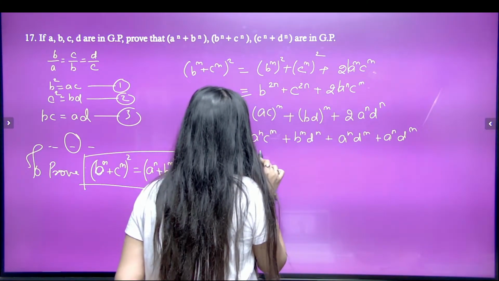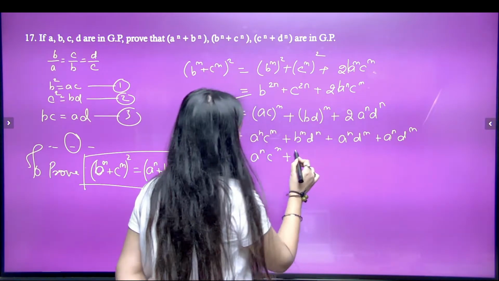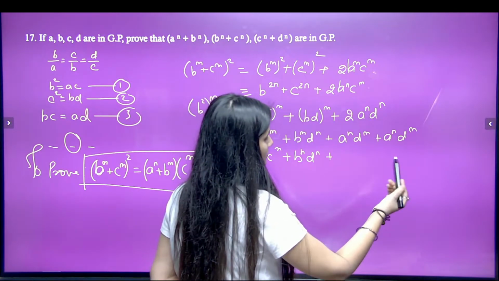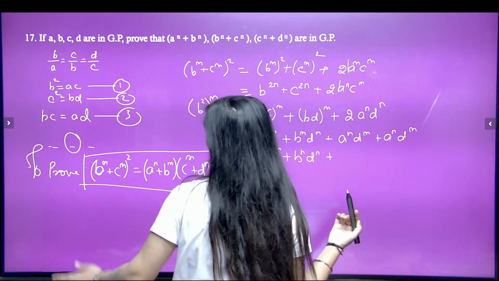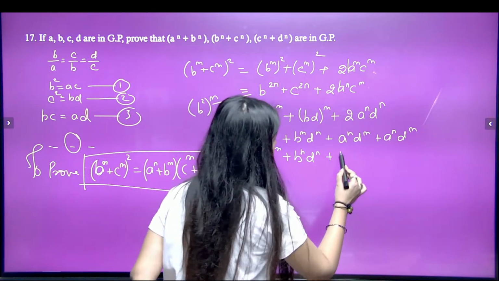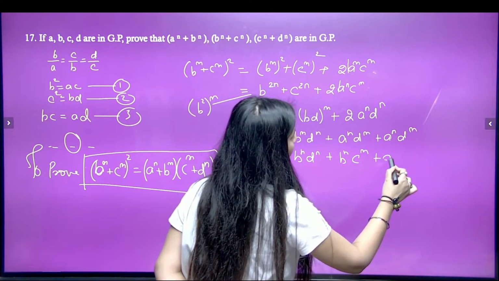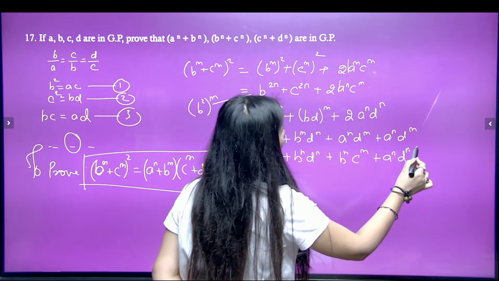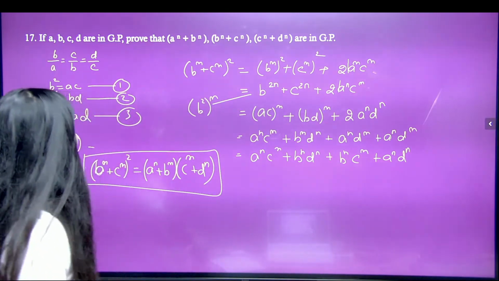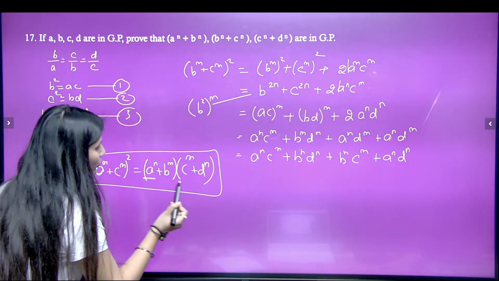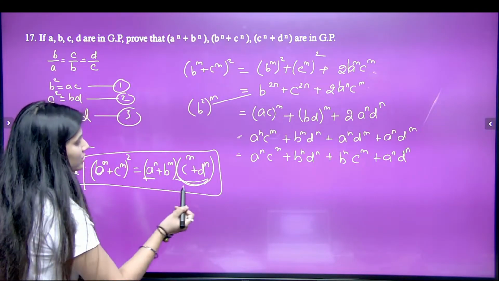Okay, so we have two things, same thing two times. So one can be changed into bc, so I am writing b and c to the power n, and here we have a and d to the power n. Now remember what we need to prove. We need to prove that this into this. So we should have a with this bracket and b with this bracket.